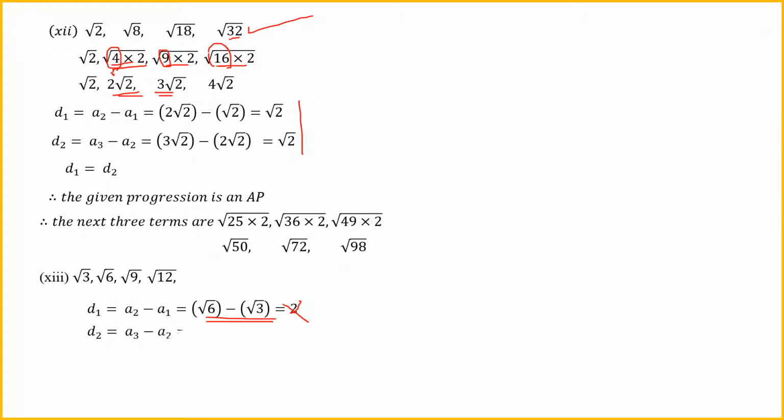Coming to the next part, a3 minus a2, root 9 minus root 6, which cannot be simplified again because it is in simplified form. And d1 is not equal to d2, therefore the given progression is not in arithmetic progression.